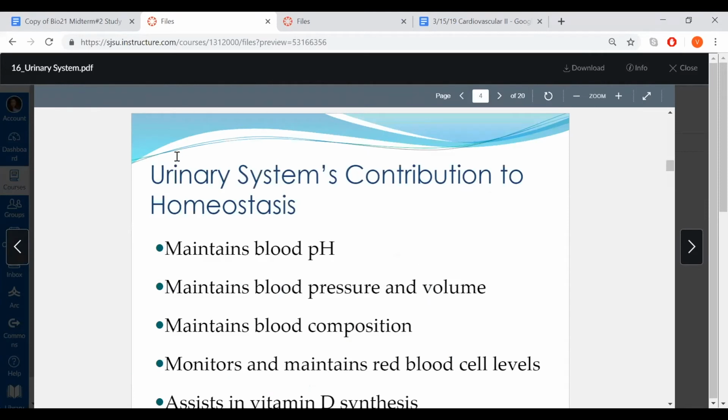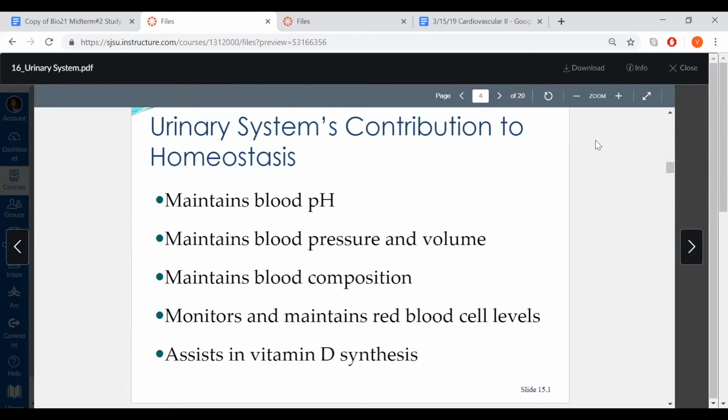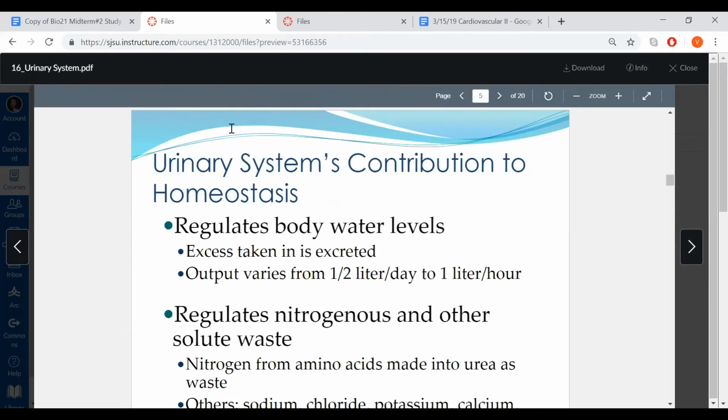There's a whole bunch of things on her slide for the urinary system. This is how it contributes to homeostasis: it maintains blood pH, blood pressure, volume, blood composition, RBC levels, and vitamin D, and then levels of water in the body, nitrogenous and solute waste.